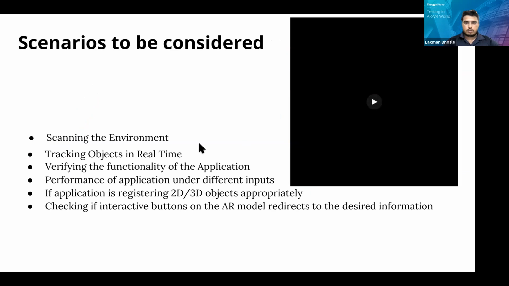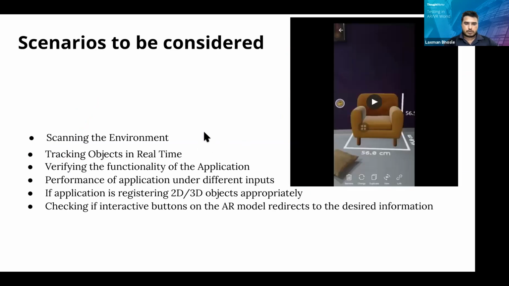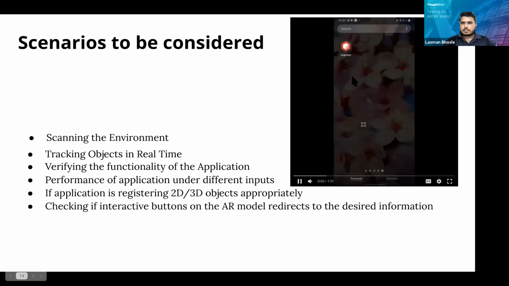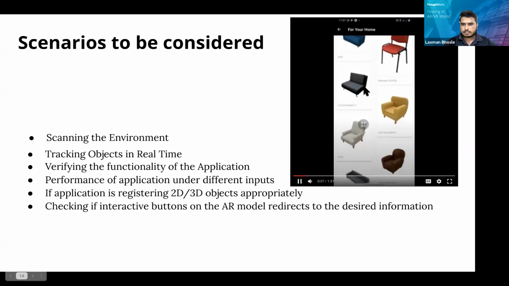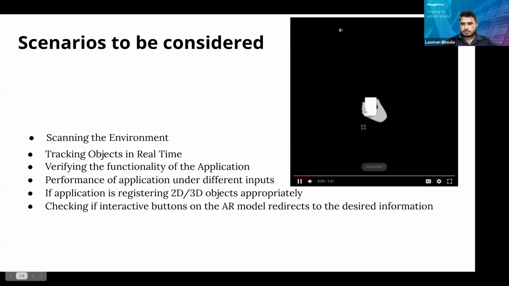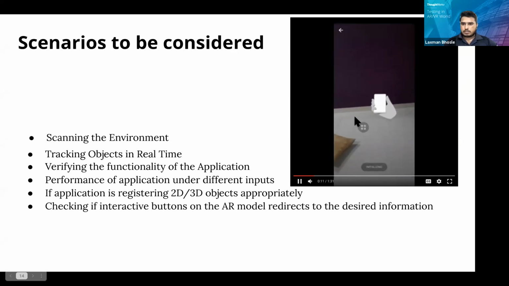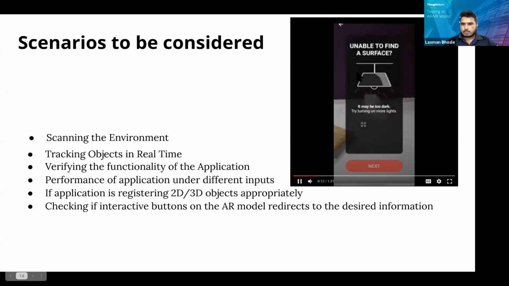Now we'll move to the next point. We have created a simple demo where we can see the AR app. This is a simple Augment app, which is used for customer engagement and sales increase. We can try out different furniture at home. Yeah, due to light conditions, it is showing unable to find surface.